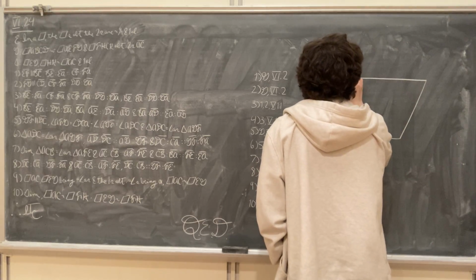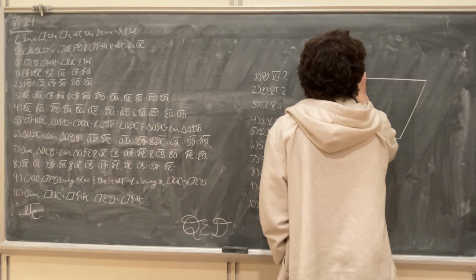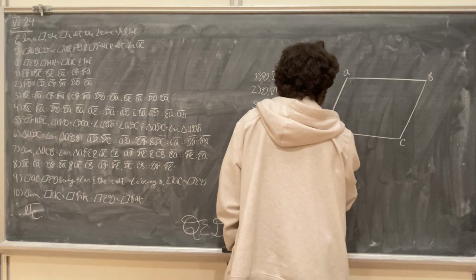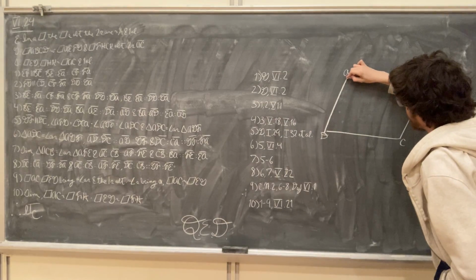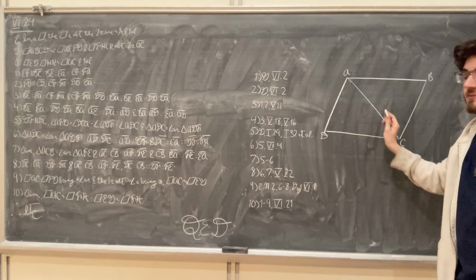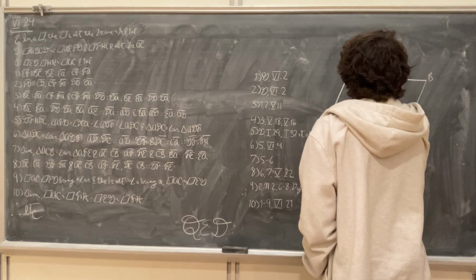ABCD, and we're going to have its diameter AC like so. And about this diameter, we're going to have two parallelograms like this.